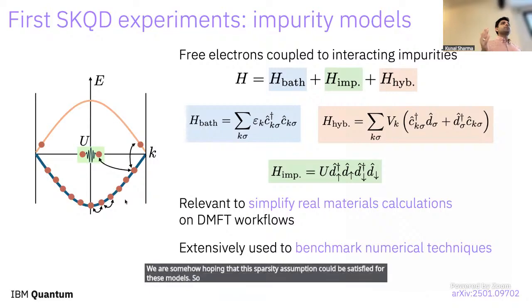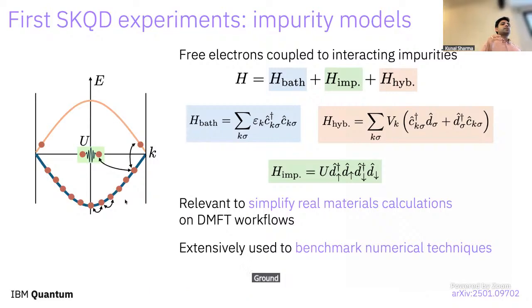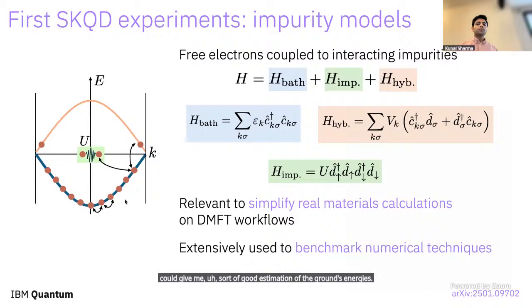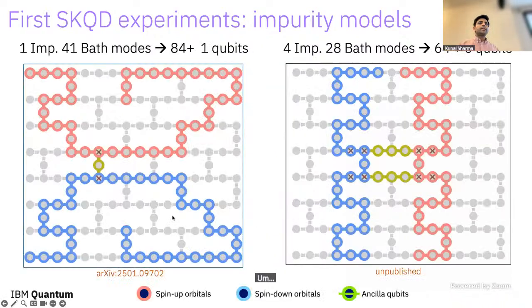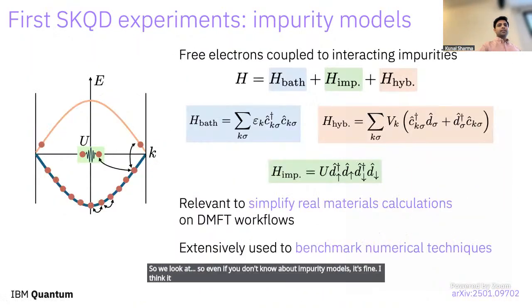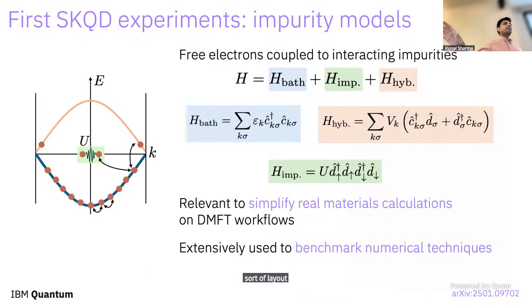So we were looking for models where the ground state being sparse in the computational basis could give a good estimation of the ground state energies. Even if you don't know about impurity models, it's fine. Just imagine that this is some Hamiltonian which we lay out on the IBM Heron device, and we follow the algorithm that I just described.